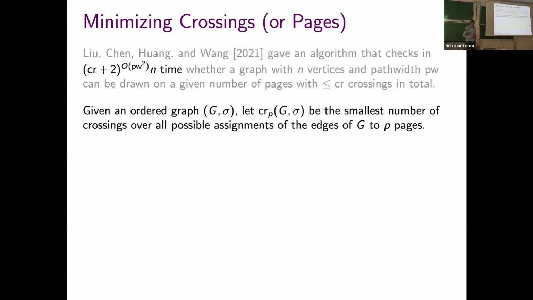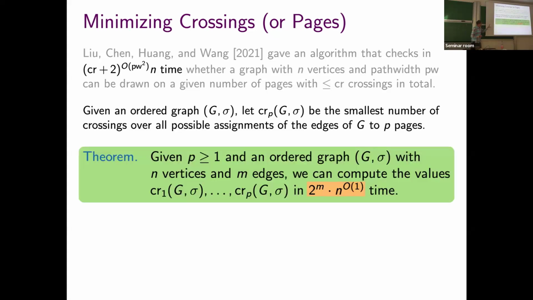Okay, to state my result, let me define CR_p(G, sigma) of an ordered graph to be the minimum number of crossings over all possibilities to assign the edges of G to the p given pages. And with that, I can state my result.